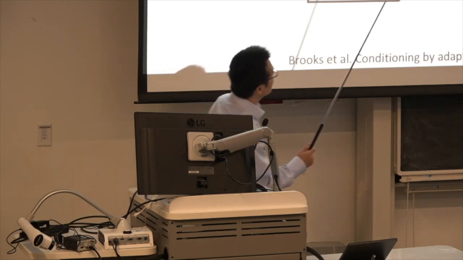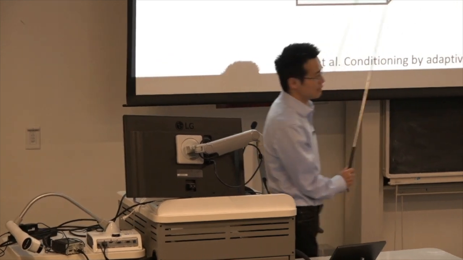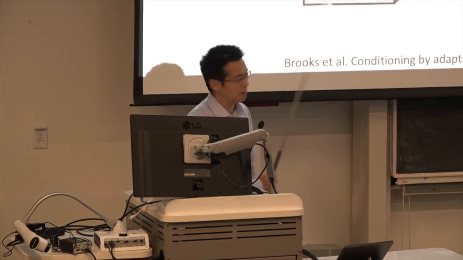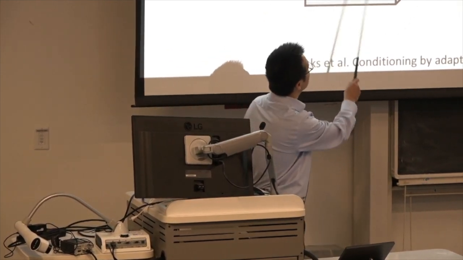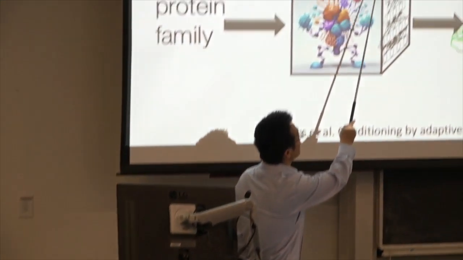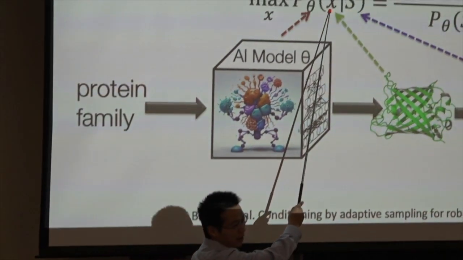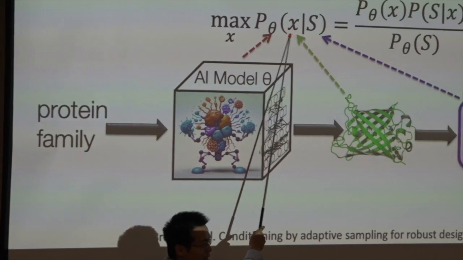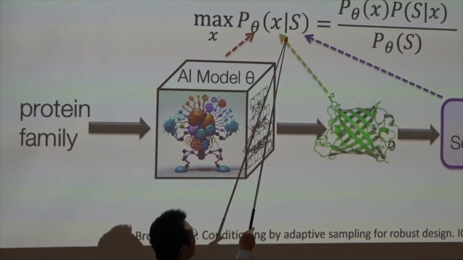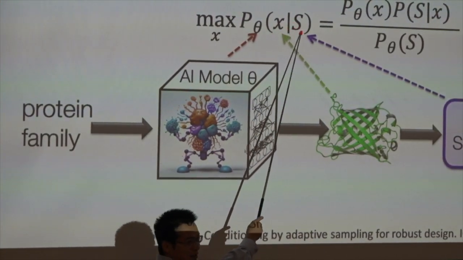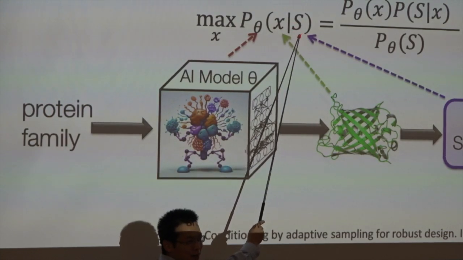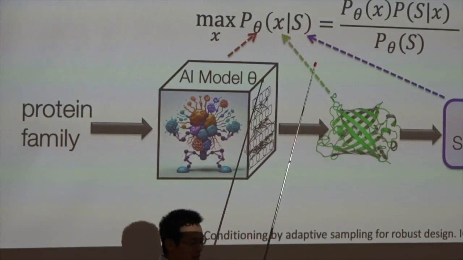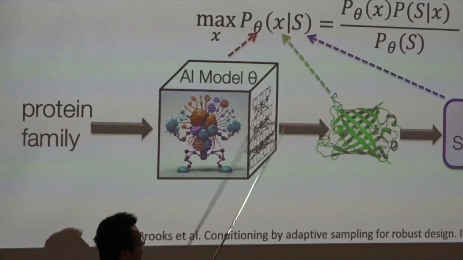And once we have that, we can model this generation problem using Bayes' rule. So we want to maximize the probability of X. Here, X is the protein. We want to maximize the probability of getting this high quality protein given a certain threshold on the fitness score. So S represents the threshold on the fitness score.